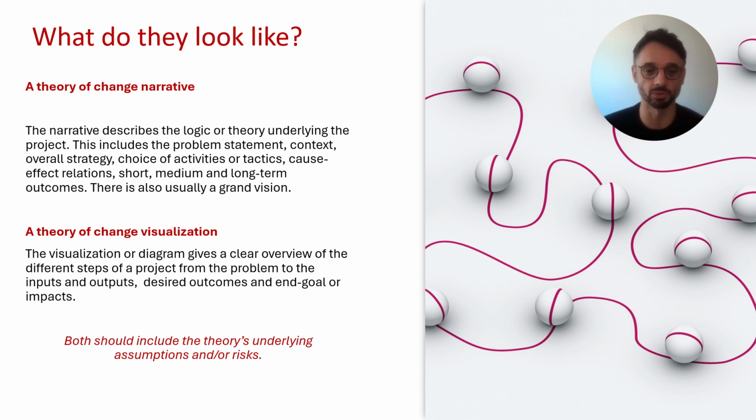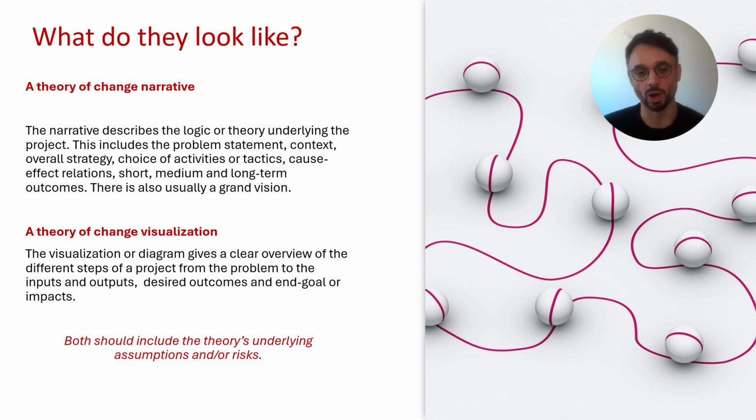Theories of change can also be represented by visualizations. These are diagrams which include the factors mentioned before. They include specifically the inputs or activities that a particular program or initiative is going to engage in, the outputs, the things they will produce, the intended outcomes of those activities and outputs, and then some kind of end goal or impact statement of what the new world will look like.